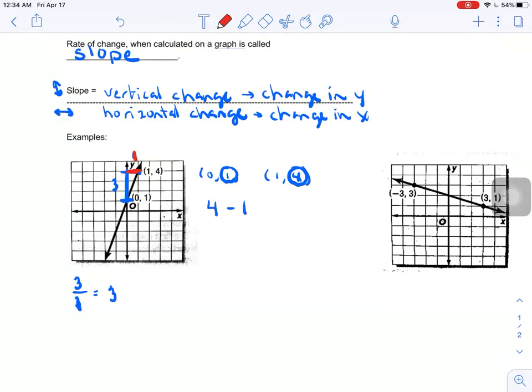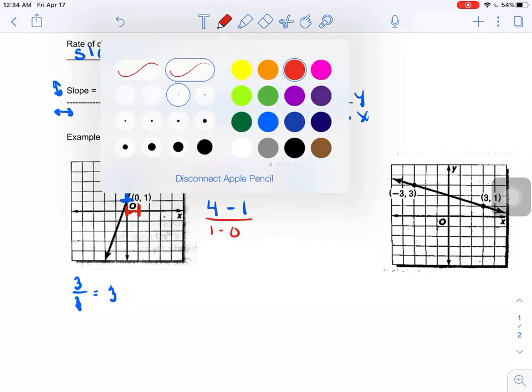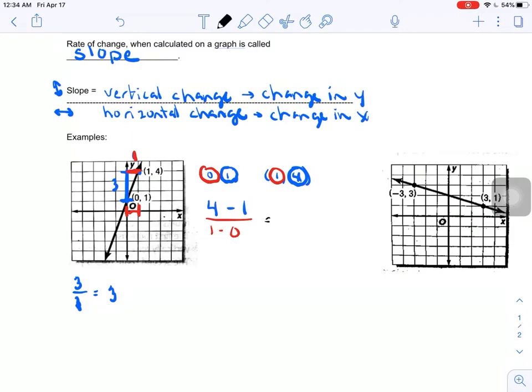So the horizontal change, we measure that along the x-axis. So that goes from 0 on the x-axis to 1 on the x-axis, which means I can look at these two numbers because those are controlling the horizontal change. 1 minus 0 is 1. And then I still end up with 4 minus 1, which is 3. 1 minus 0 is 1. I get the same answer calculating it that way as I got by actually drawing and counting on the graph.